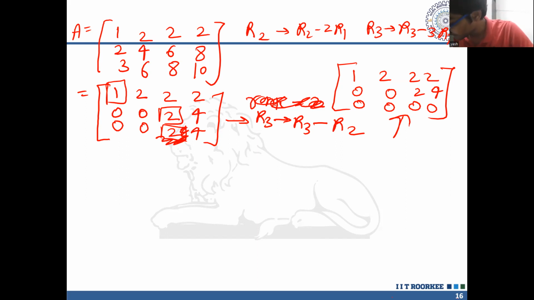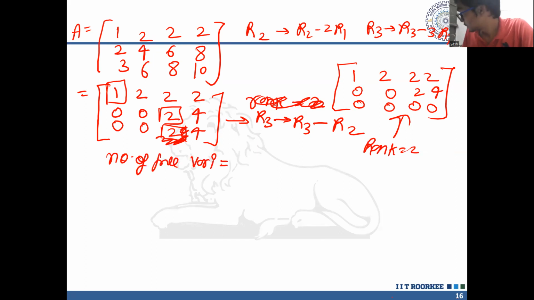From here we can see that its rank is equal to 2, since the number of non-zero rows is equal to 2. And so the number of free variables is equal to 4 minus 2, which is equal to 2. This means we need to find two particular solutions.